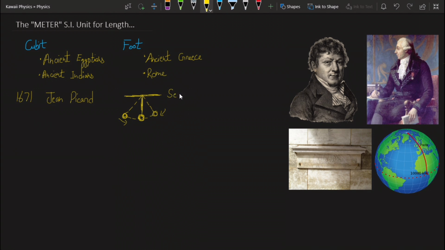A seconds pendulum is a pendulum that has a time period of 2 seconds. Jean Picard measured its length, and he proposed that this should become the unit for measuring length.